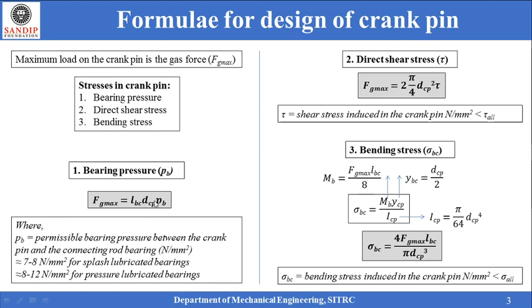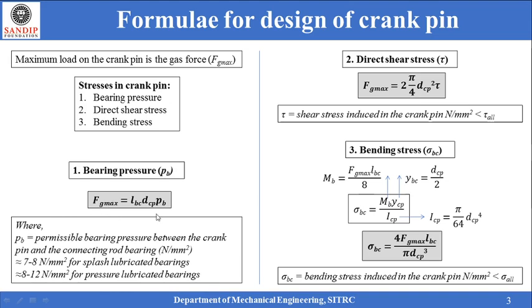Force due to bearing pressure is the projected area given by LBC into DCP multiplied by the pressure, that is PB, where PB is the permissible bearing pressure between the crank pin and the connecting rod bearing. Its value is taken as 7 to 8 Newton per mm square for splash lubricated bearings and 8 to 12 Newton per mm square for pressure lubricated bearings.